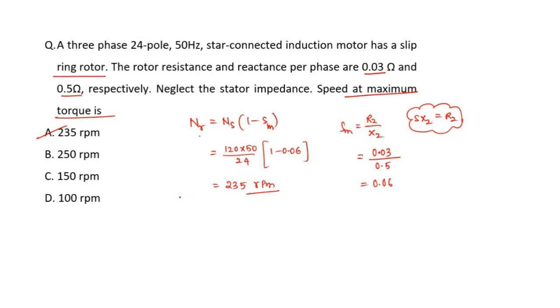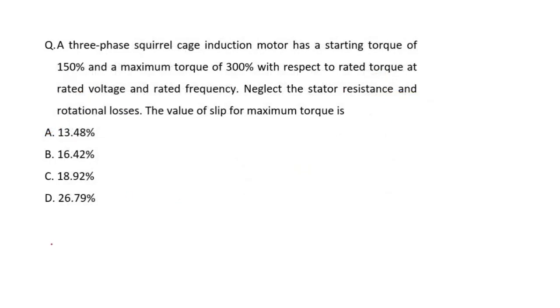So we'll see one more question. A three-phase squirrel cage induction motor has a starting torque of 150% and maximum torque of 300% with respect to rated torque, at rated voltage and rated frequency. Neglect the stator resistance and rotational losses. The value of slip for maximum torque is asked. So Sm is asked.